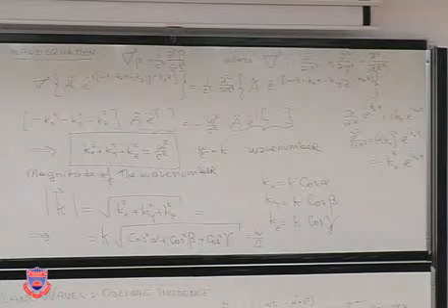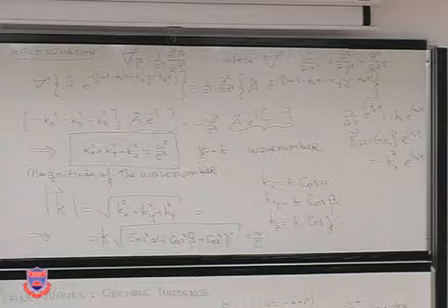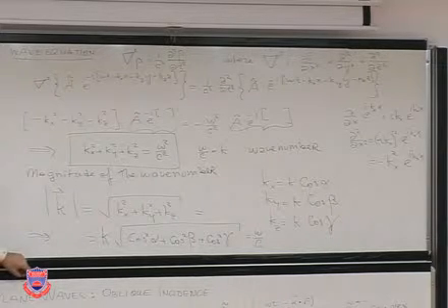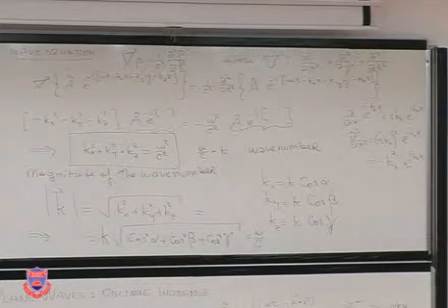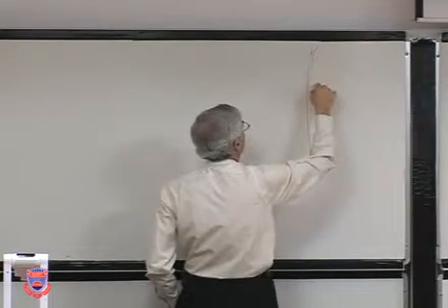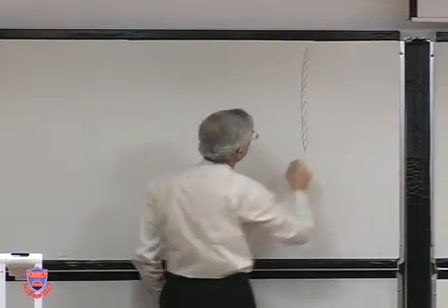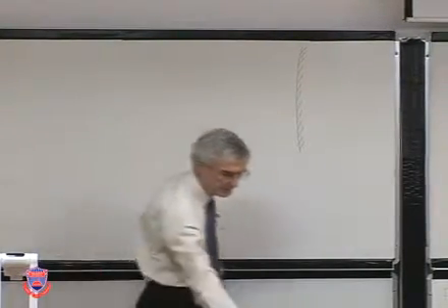Now, let's see what happens when we intersect with a rigid boundary. Okay, let's say we have a rigid plane surface, not curved, it's plane.